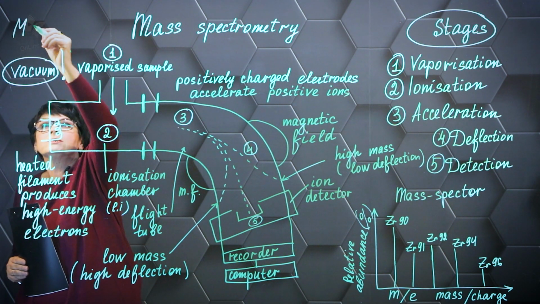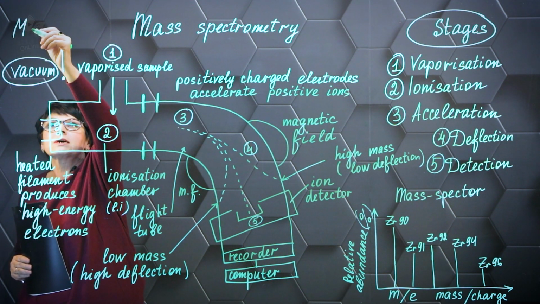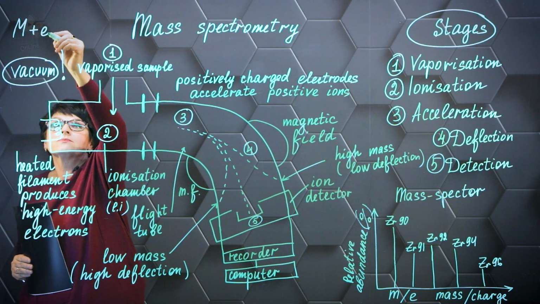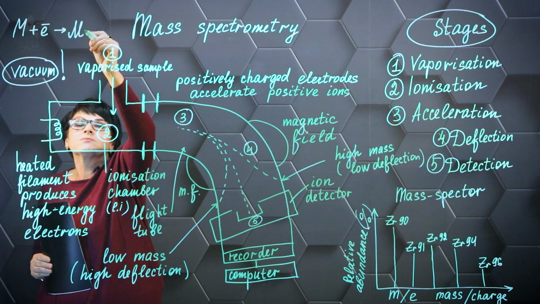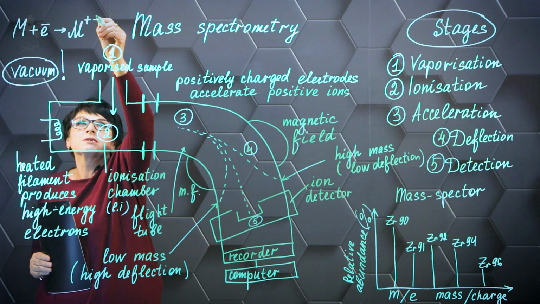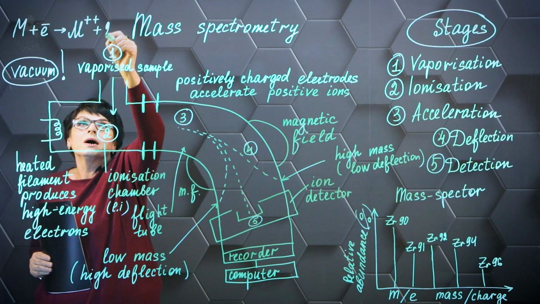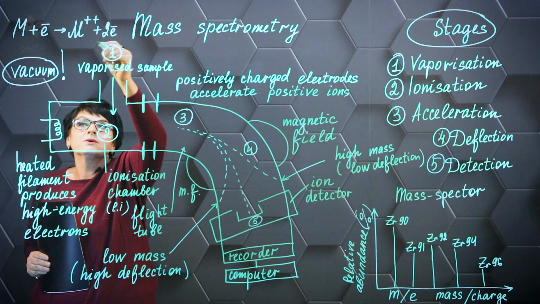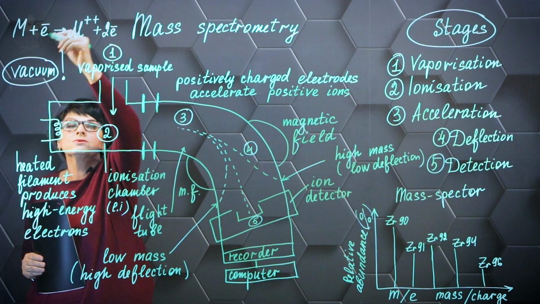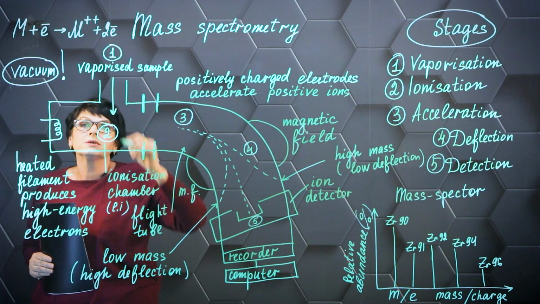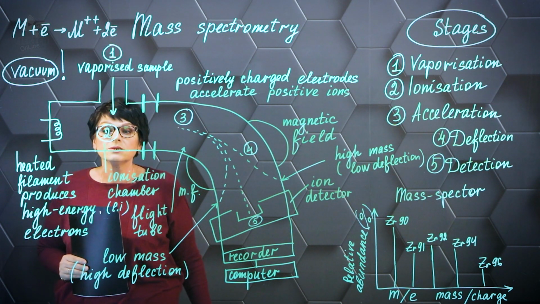Let's say we have a neutral particle and it's bombarded by an electron, and the result is a particle with a positive charge, and electrons are given off in addition. These are the electrons coming in, and the electrons that are knocked out of the particle.